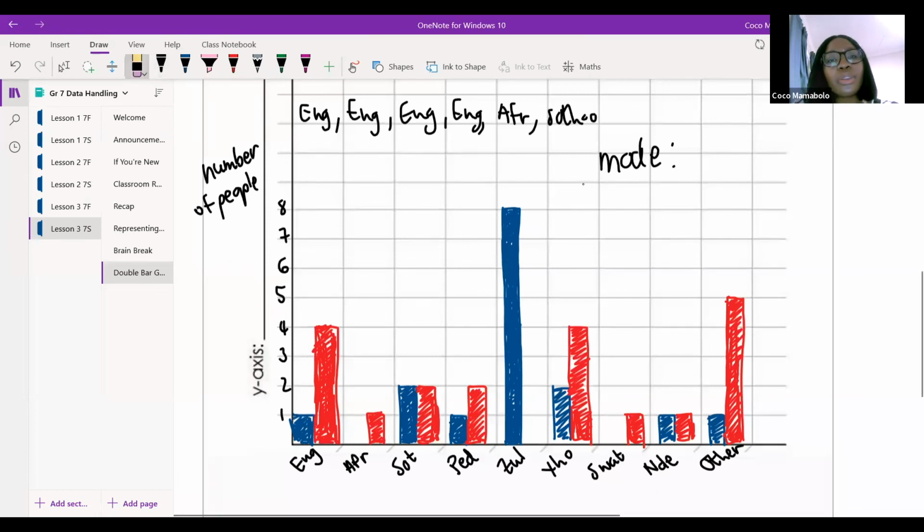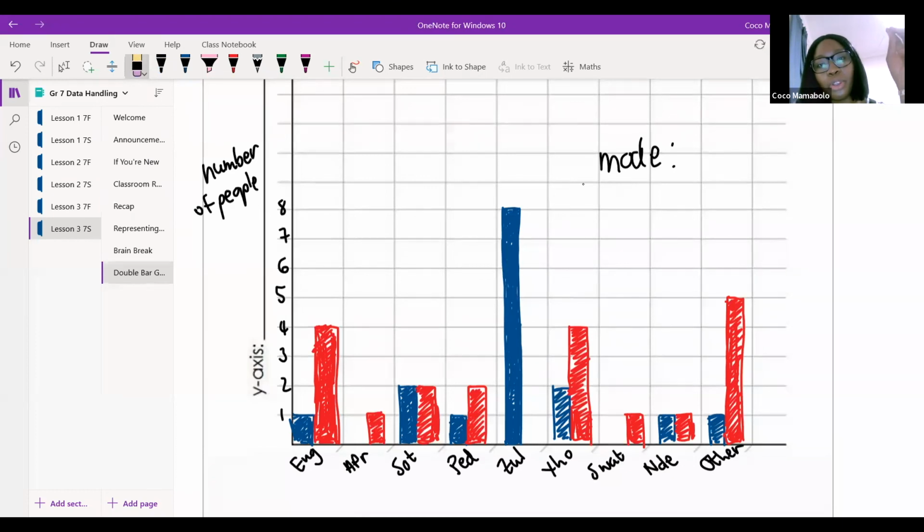So when I ask you guys, what is the mode here? Not the number of people, the language that the most people speak. It's not going to be a number, guys. It's going to be a language. Which language, Hermione? That's it, Singata. Now you're getting it. The mode is Zulu, because the people who have voted the most are Zulu speakers.